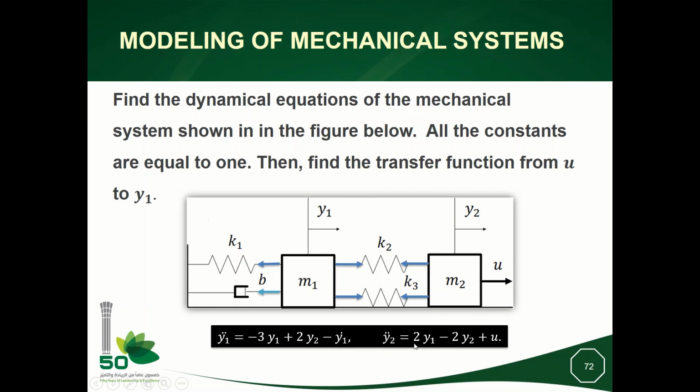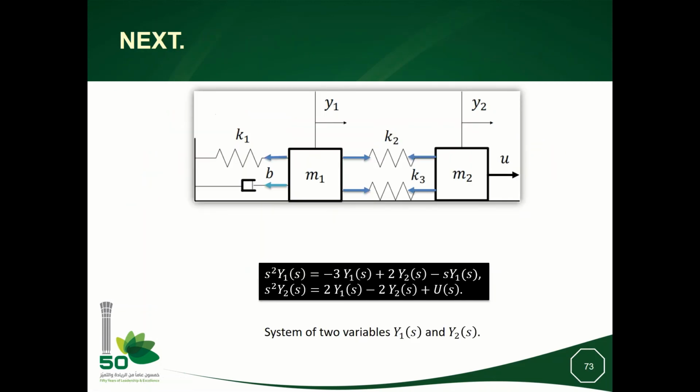How can we now get the transfer function that relates the input U to the output Y1? So I have now two differential equations. I will apply the Laplace transform to both sides, and I will get the following.